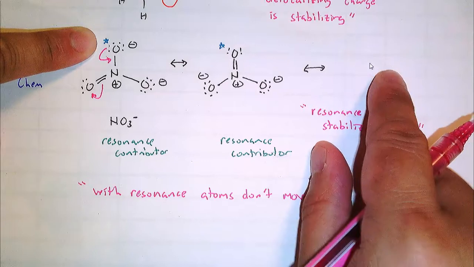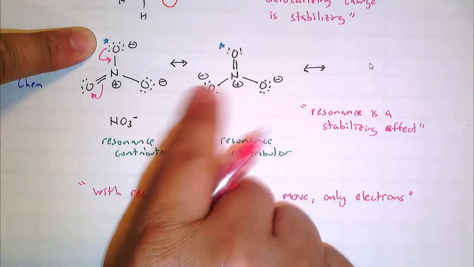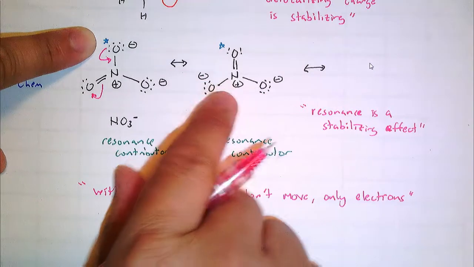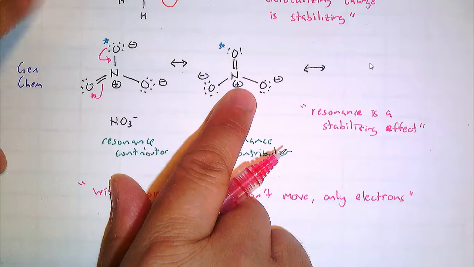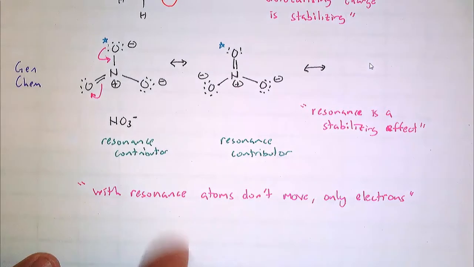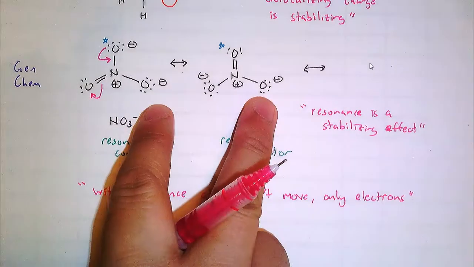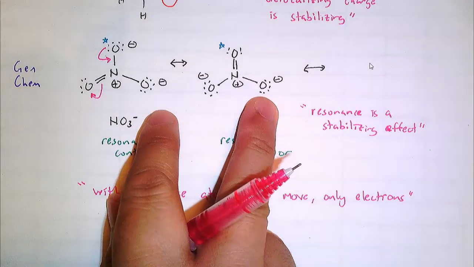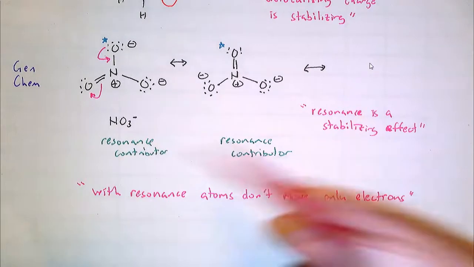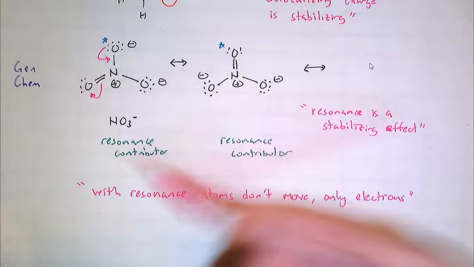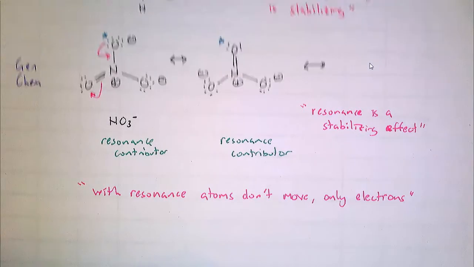Okay, we go back to negative because we're actually just moving these pi bonds, so each oxygen at some point has a double bond. But remember this, because maybe they'll show you an example. They'll show you two structures and they ask you, is this resonance? Well, if an atom moved, then it's not resonance. If you notice that it was a different connectivity, it's not resonance.